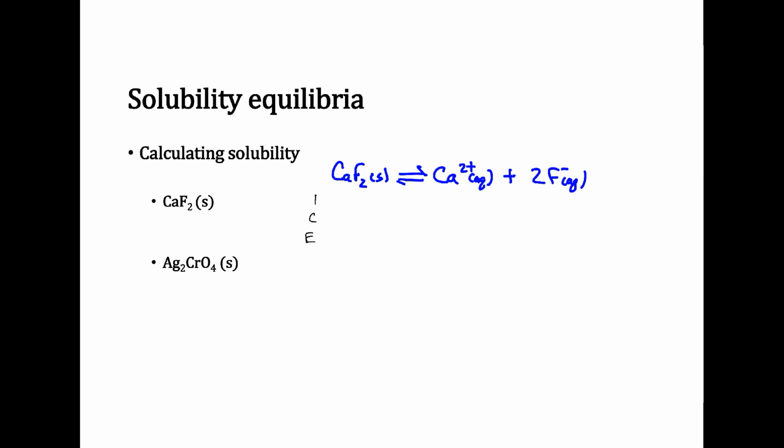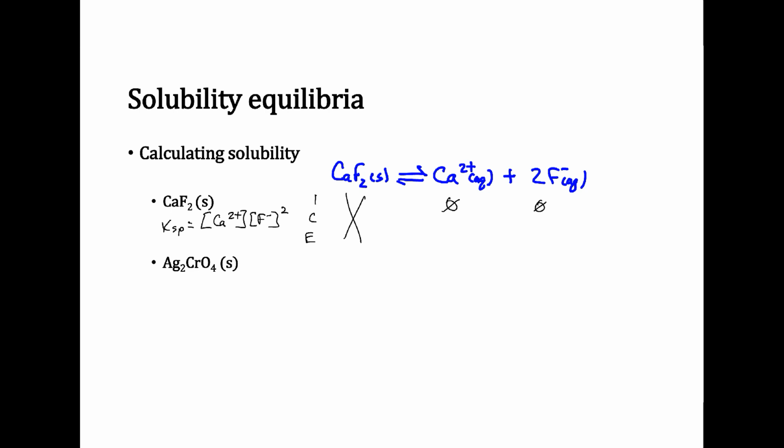And for the majority of these problems, for our ICE chart, keep in mind for the equilibrium constant, solids don't matter. So Ksp here is equal to the concentration of calcium 2+ times the concentration of F- squared. For most of the problems, or at least the ones we start out with, the initial concentration is 0.